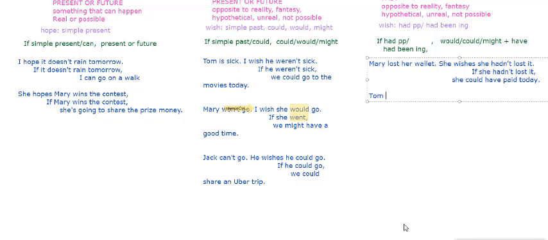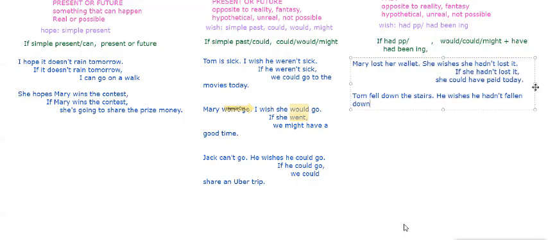Tom fell down the stairs. He wishes he hadn't fallen down. So I use the same grammar in the conditional. If he hadn't fallen down, he wouldn't have broken his arm.